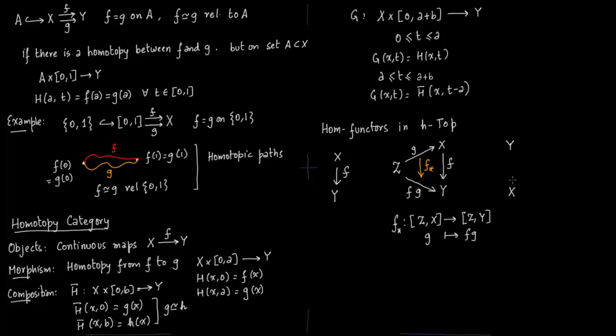So second operation is, again you're given map f from x to y, and then you're also given a map from y to z, say map h. So from here you can get a map from x to z, which is first apply f and then you apply h.